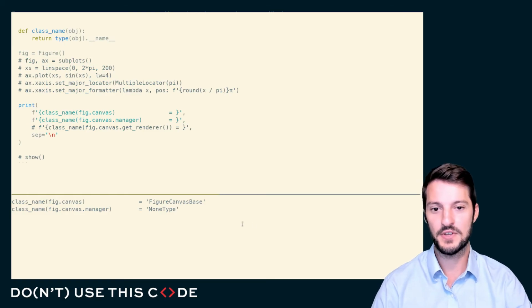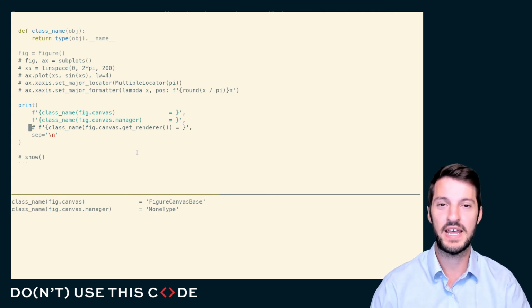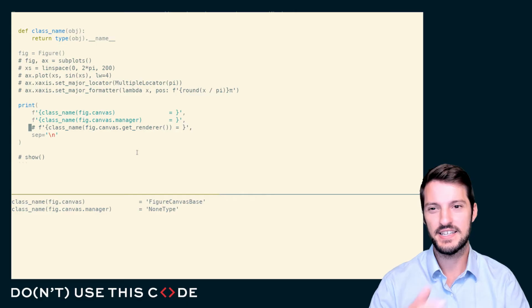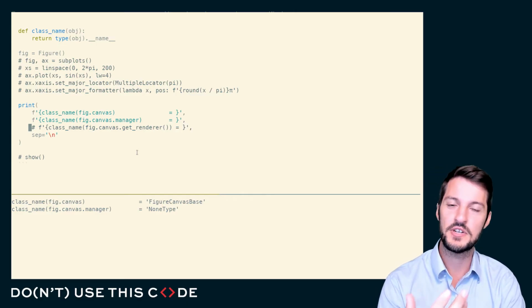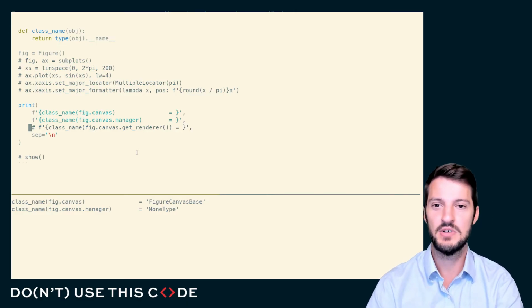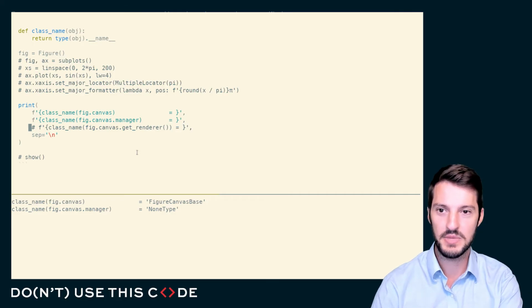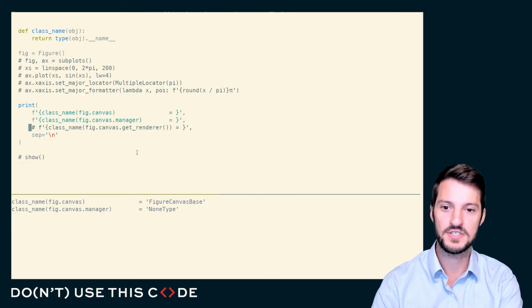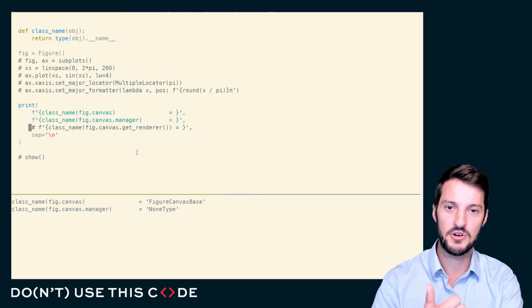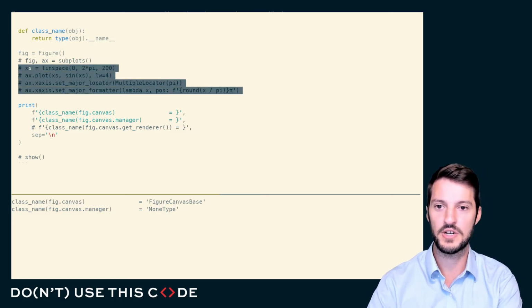And we just have the figure canvas base, which is kind of the abstract base class for creating canvases. So we don't even have that fully set up. And it's not an abstract base class in the strict sense where it's unusable. It very much is usable, but this is all of the plumbing that PyPlot takes care of for us. It creates our canvas with the appropriate backend, it creates our canvas manager, and it creates our renderer for us.